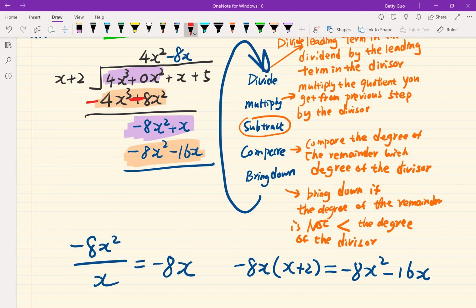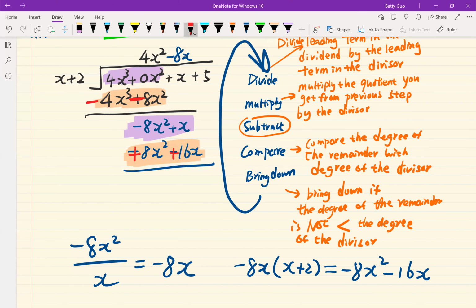Are both terms negative? They are both negative, so we change them to positive. Change every single term in the orange to the opposite sign, and then we do the addition. Look at the purple and the orange: negative 8x squared and positive 8x squared. Do they cancel? They add up to 0.